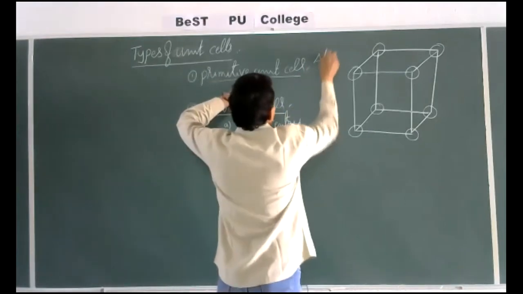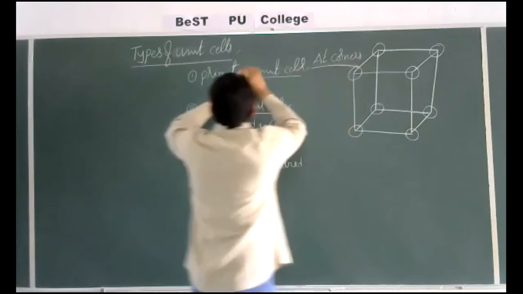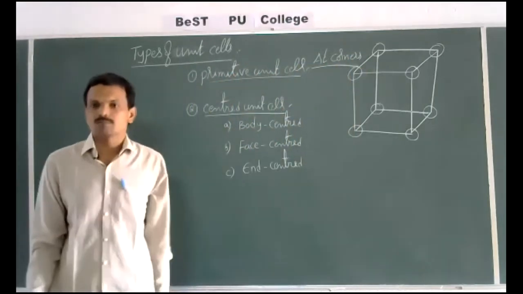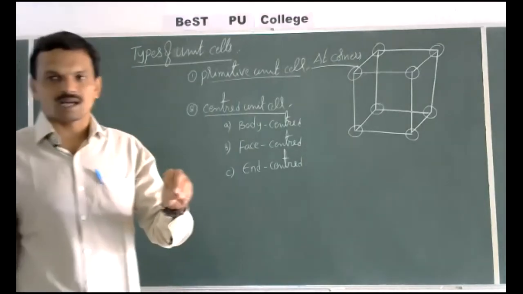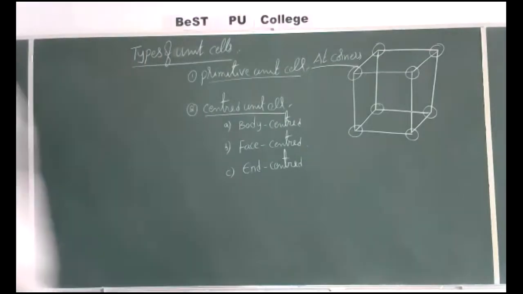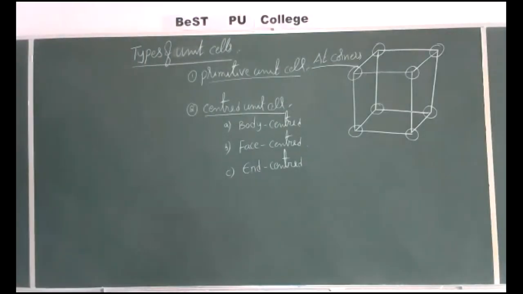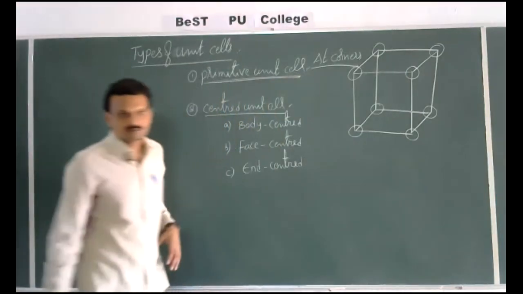So at corners only the particles will be there. This is called a primitive unit cell or simple unit cell. Simple or primitive unit cell consists of the particles only at the corners.